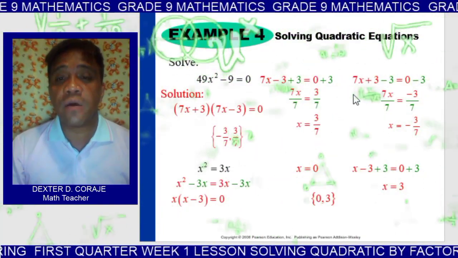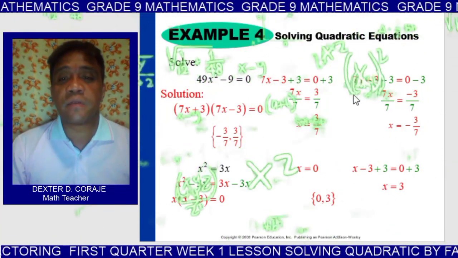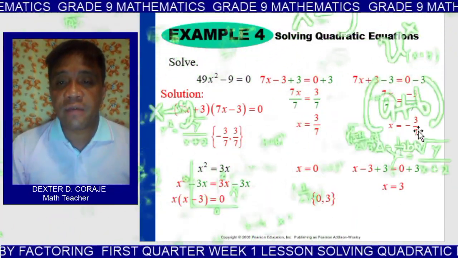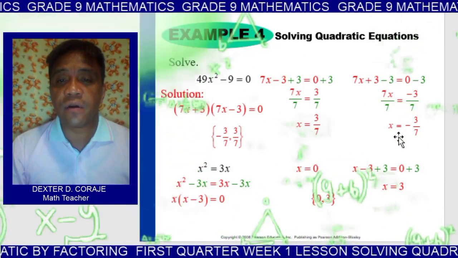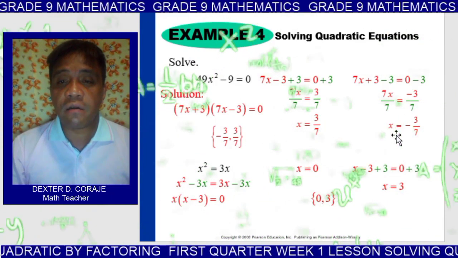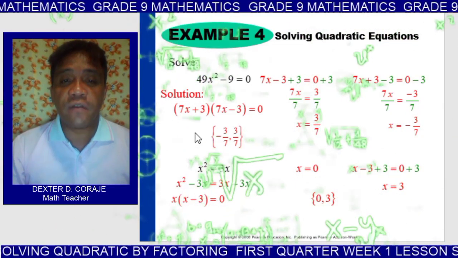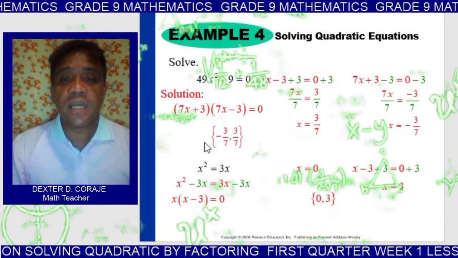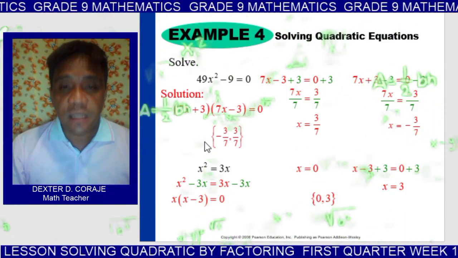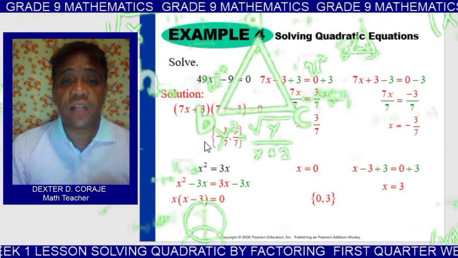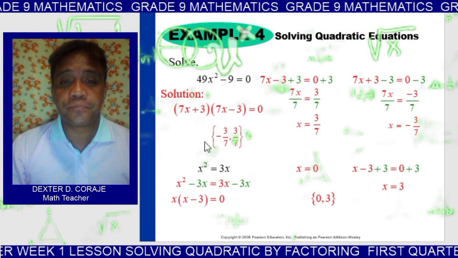So we have now 7x is equal to negative 3. So divide both sides by 7. So we have now x as the value here, which is equal to negative 3 over 7. So therefore, the value of x now is negative 3 over 7, and 3 over 7. We have two values of x in this example.